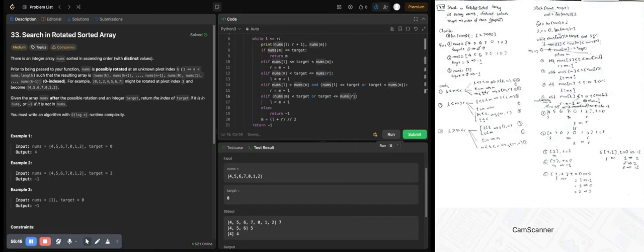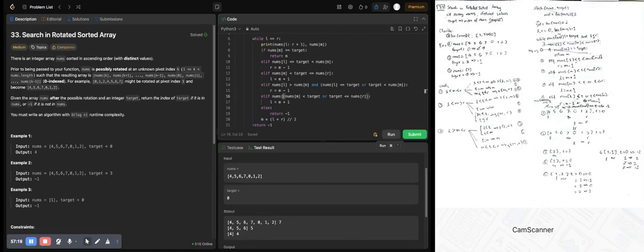We missed another condition that it has to satisfy, where basically this means that the start of the original sorted array is in the right hand side, the second half of it.